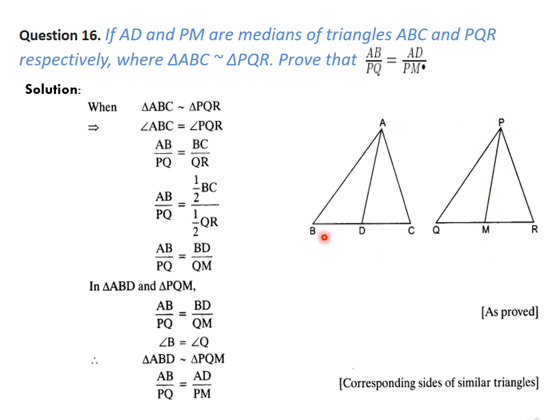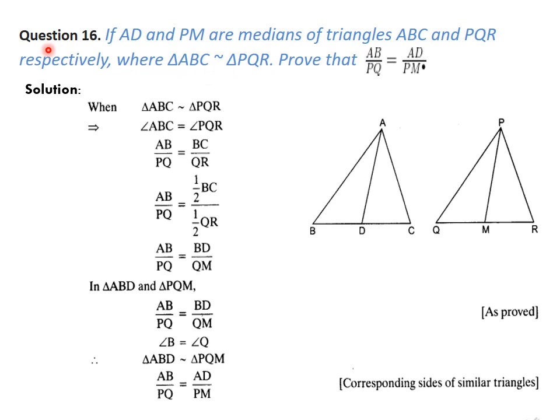Since they are medians, that means they are dividing the base into two equal halves. So we can say that BD is equal to CD and QM is equal to MR. Now they have also said that triangle ABC is similar to triangle PQR.